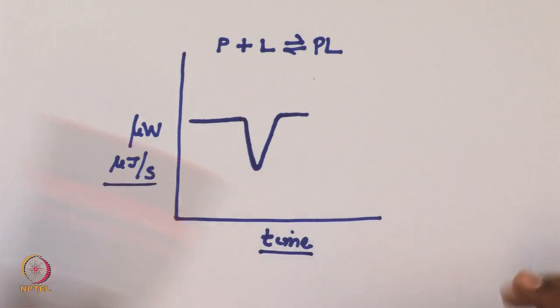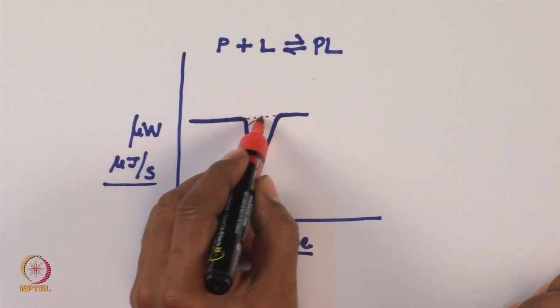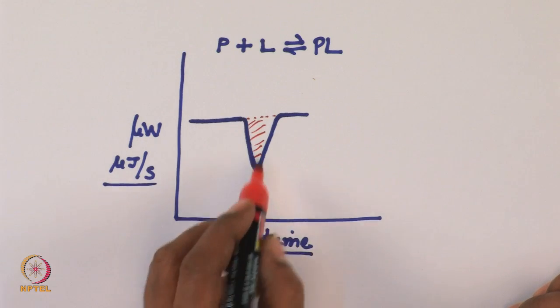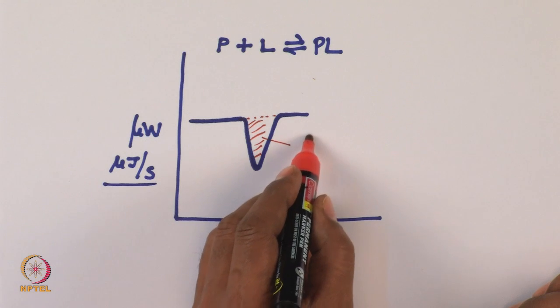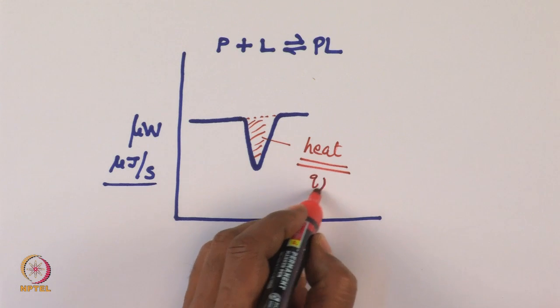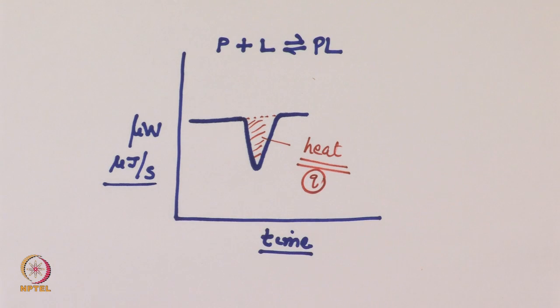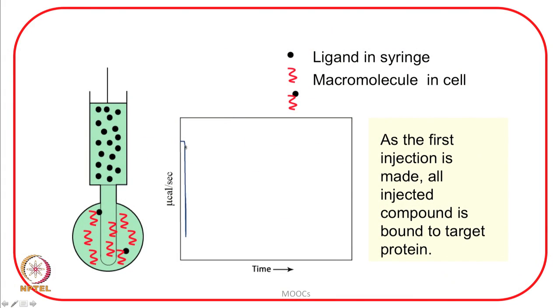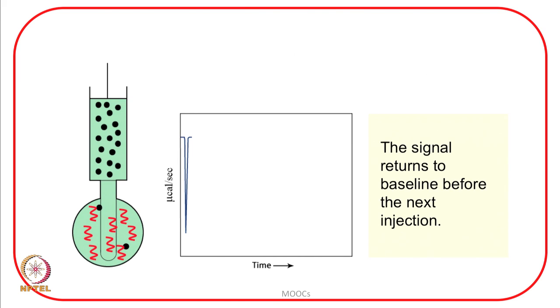Therefore, this area within the line and the curve is nothing but heat, Q. Now, let us go back to the figure, and that is what I was saying, that after some ligand is added and it interacts with the protein, additional power or less power needs to be supplied to the sample cell, and it is observed in the form of a deviation, and after the reaction is over, it comes back to the original.